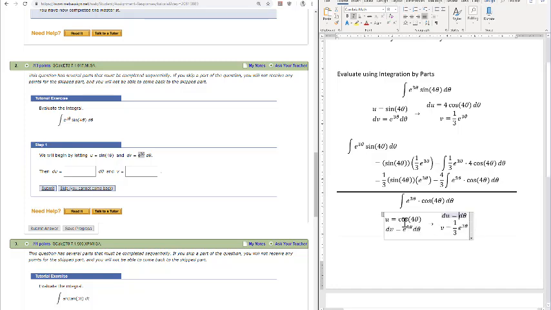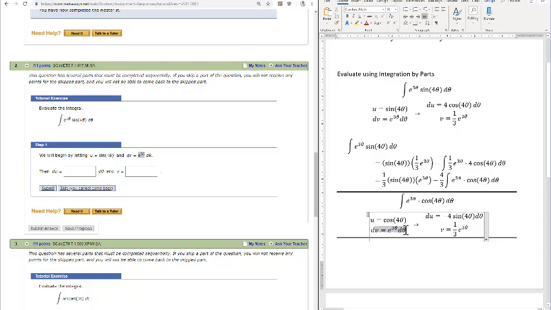So the derivative of cosine 4 theta is going to be 4 times sine 4 theta, but it's a negative, so we have to keep that in mind. We have a negative sine 4 theta times 4, the derivative of the inside. So that's our derivative for u, that's what du is equal to.